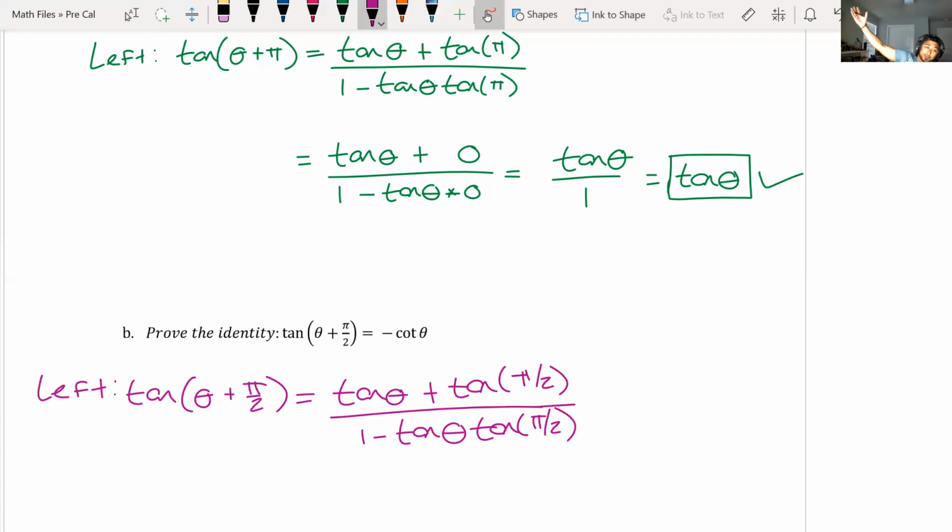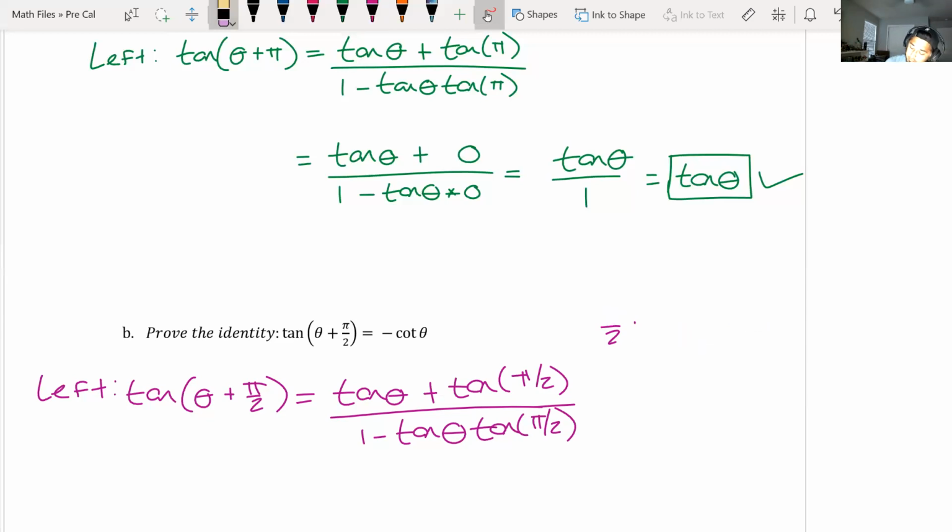What is the value of tangent at pi over 2? Dang it, I'm doing that pi over 4 thing again. What are the coordinates at pi over 2? 0, 1. And that's tangent, undefined. Good. Tangent is y over x, right? Tangent is 1 over 0, which is undefined. So this is not going to work, which means we have to think of another possibility.